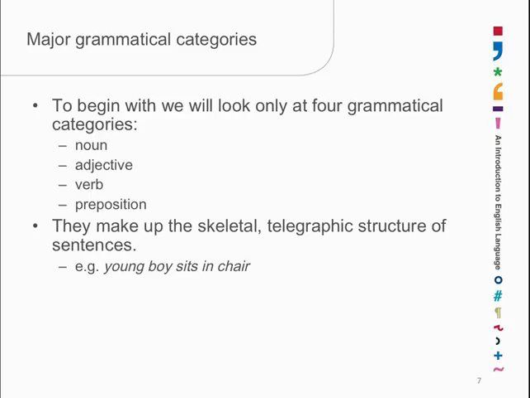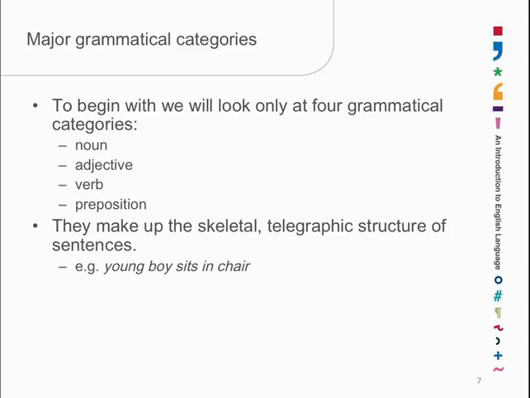This sounds a bit like pidgin, but essentially it tells us what we want to know. Boy is young, boy does something, sits where? In chair. Well, young is an adjective, boy is a noun, sits is a verb, in is a preposition, and chair is another noun. And we'll be dealing with each of these in turn.